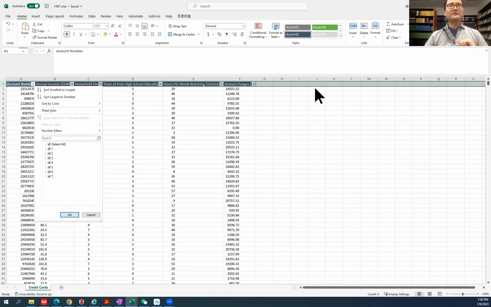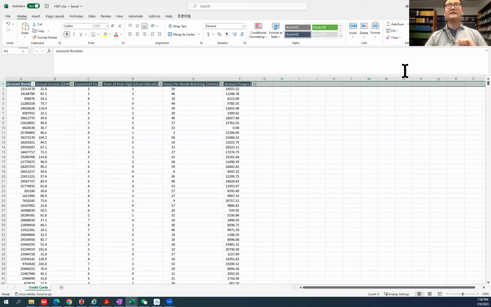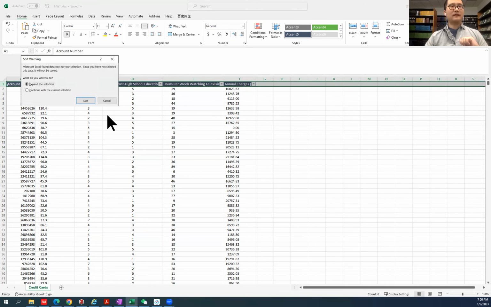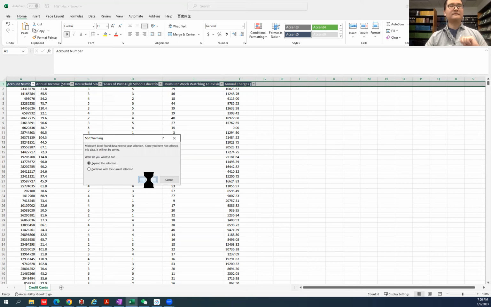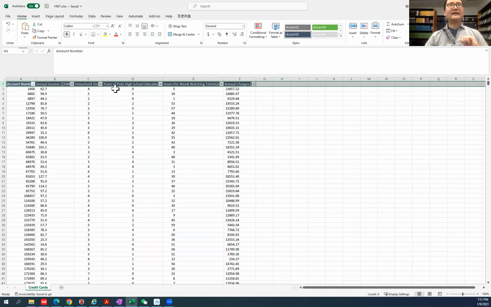Okay, a good way. Different from filter is another function, actually a button in Excel, which is called sort. So for example, we could use it on house size. If we want to sort the house size, we go to this ribbon and use sort. You could do A to Z, which expands the selection. But by default, this goes from the leftmost column, so what's being sorted is the first column, the account number, instead.